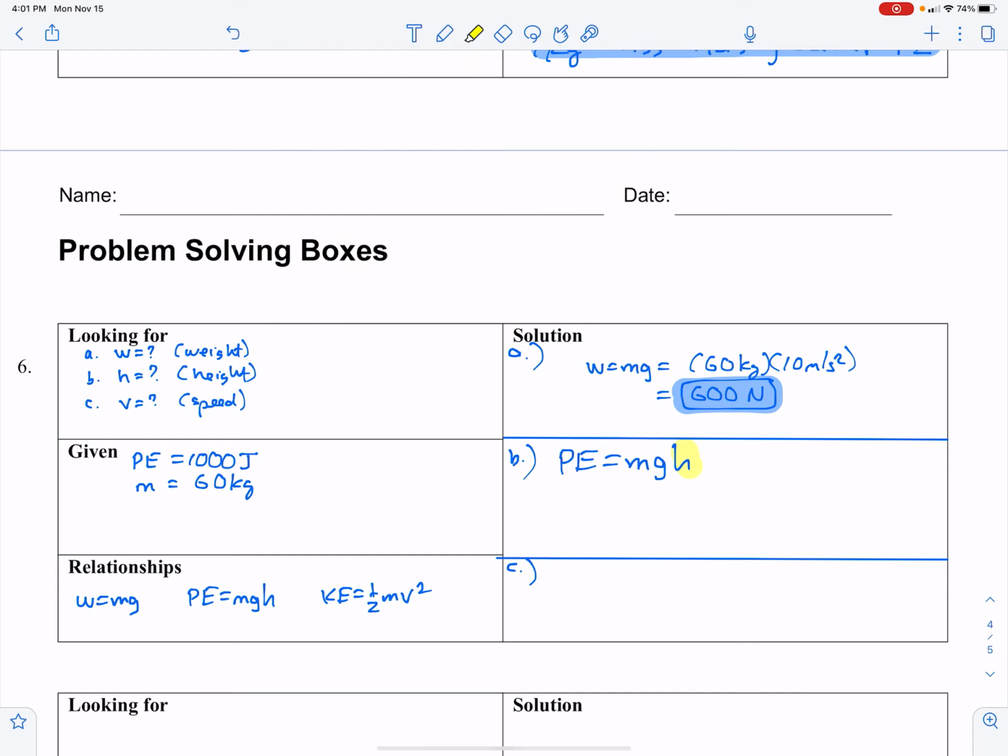But if we're looking for the height, we need to divide by mg, which is the weight from part A. And we're going to go 1,000 joules divided by the weight, which is 600 newtons.